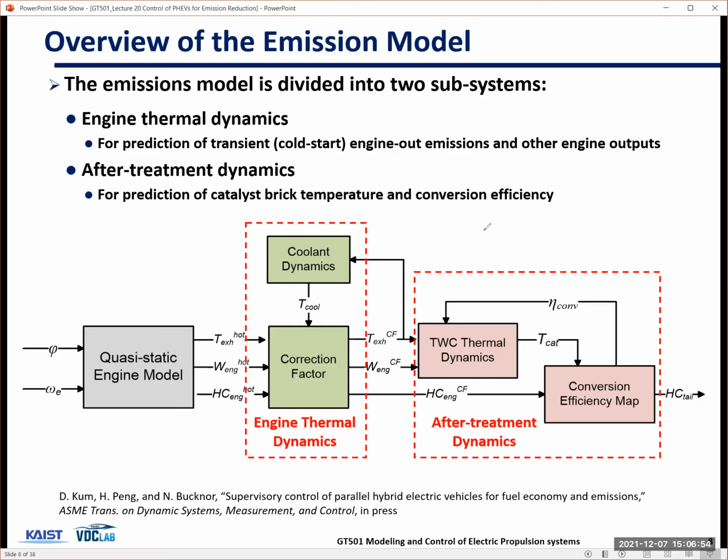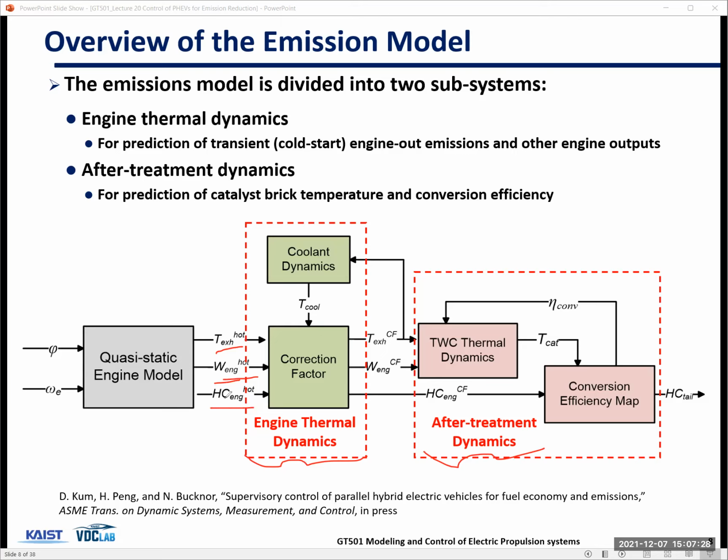We need this additional model, which is basically an engine thermodynamic model, and then an aftertreatment dynamic model. From the quasi-static engine model, we have been only computing torque and fuel consumption, but now we need to compute these three.